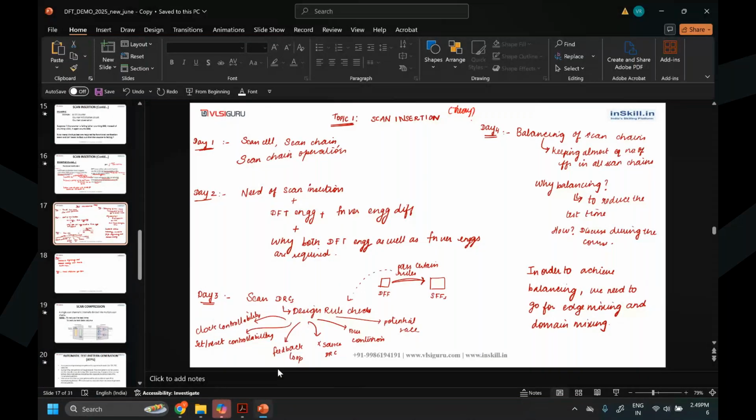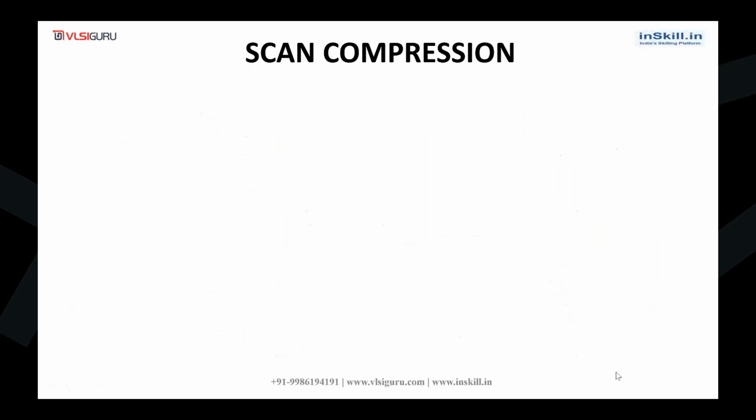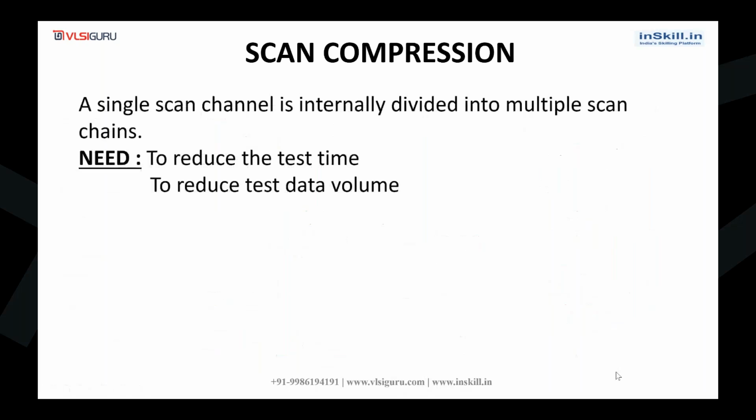So next we will go to the next topic, which is scan compression. Scan compression means a single scan channel is internally divided into multiple scan chains.